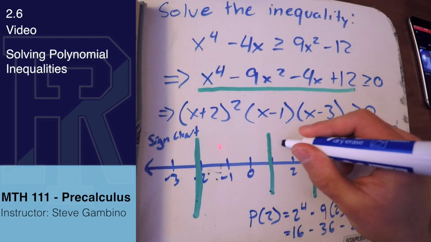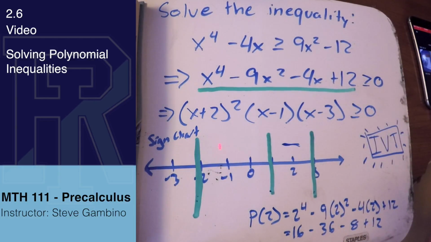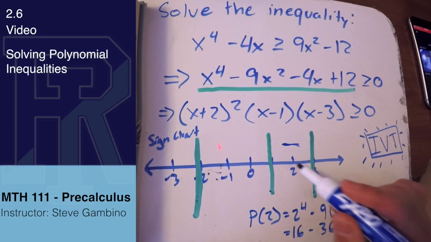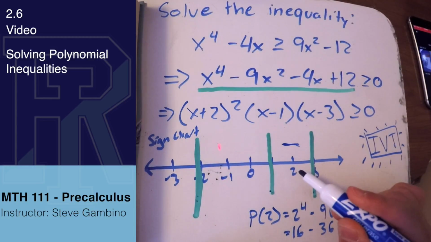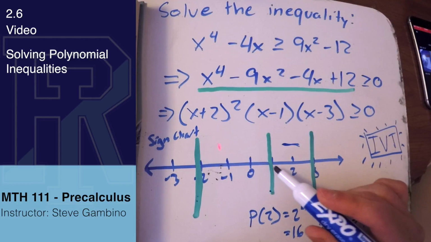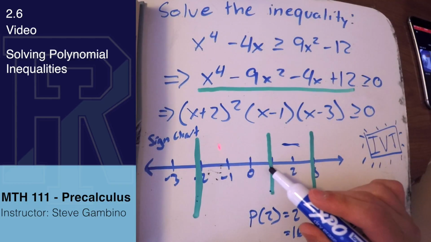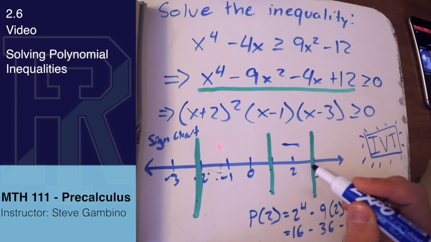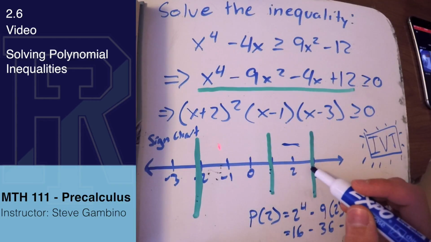So we can go ahead and mark a negative sign here. Because it's a negative value at 2, it's going to be negative for the entire interval from this root to this root, from this x-intercept to this x-intercept.